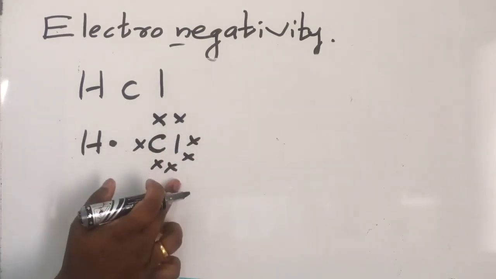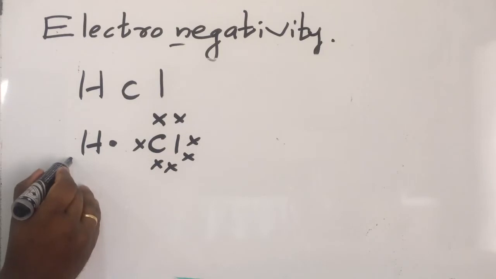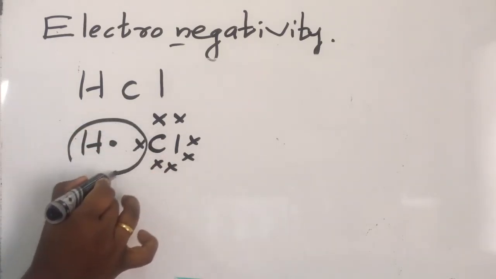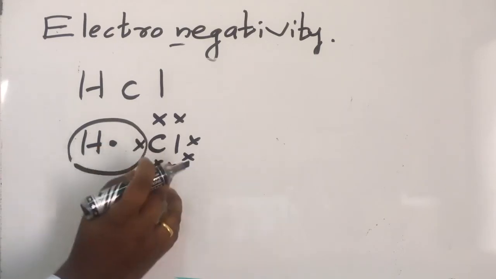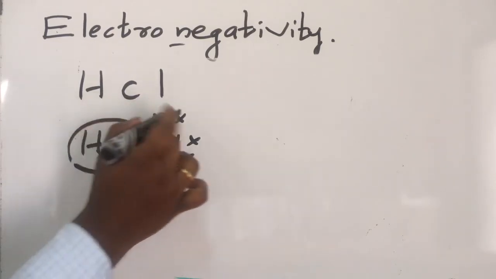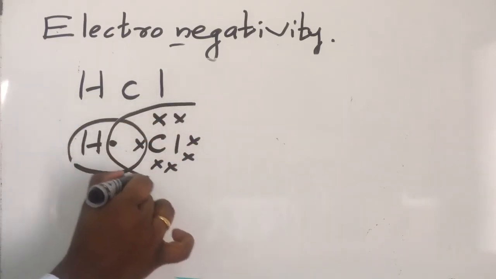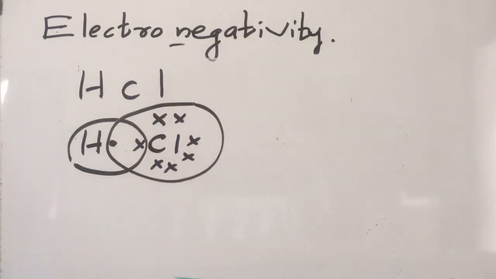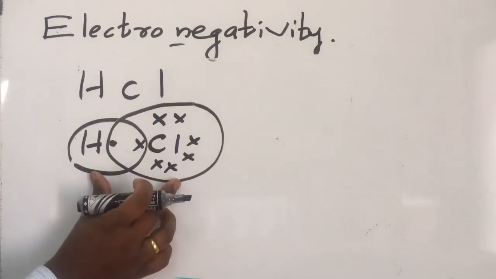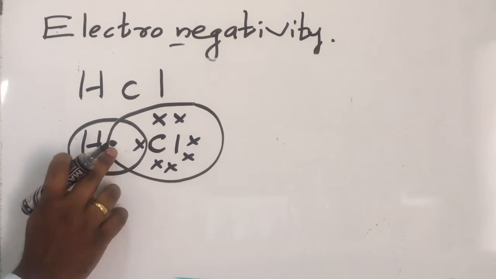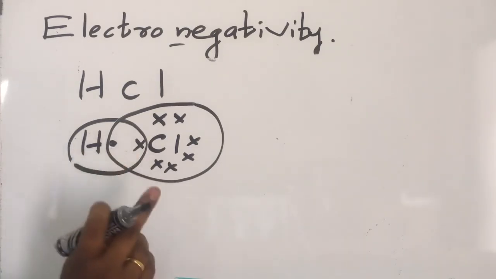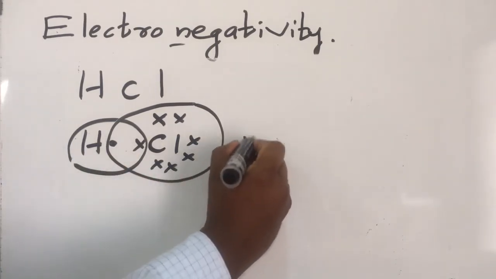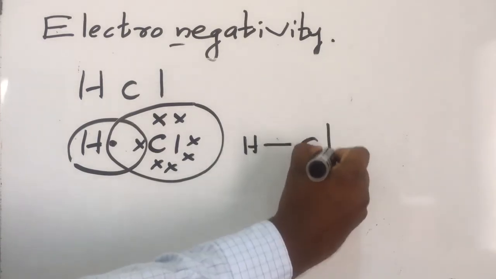Both are unstable. For getting stability, hydrogen and chlorine share their electrons. Hydrogen attracts the electrons of chlorine, chlorine attracts the electrons of hydrogen, and both get stability. This type of bonding is called a covalent bond. How many electrons are shared here? 1 pair. So it forms a single bond, HCl.